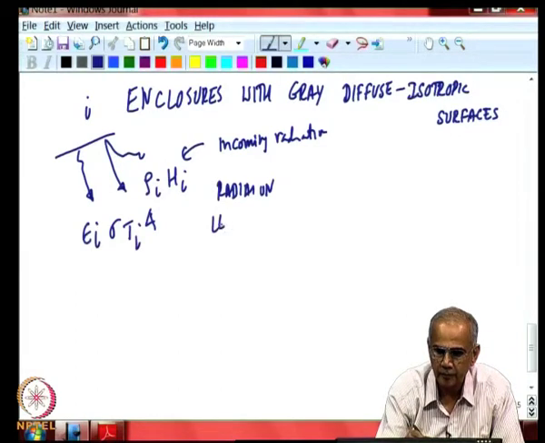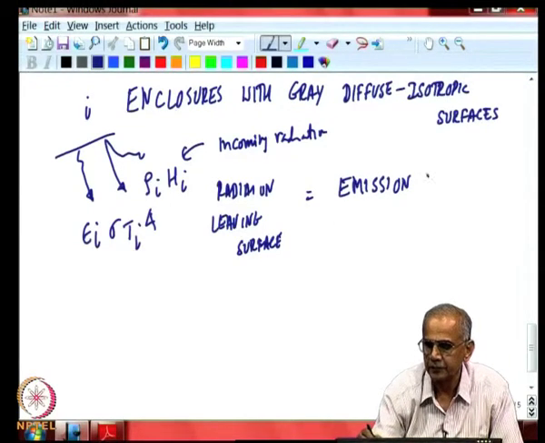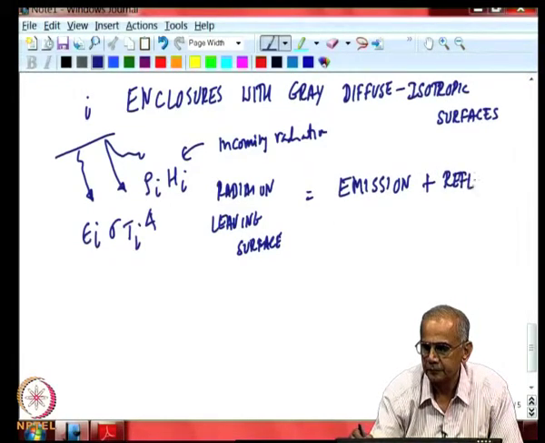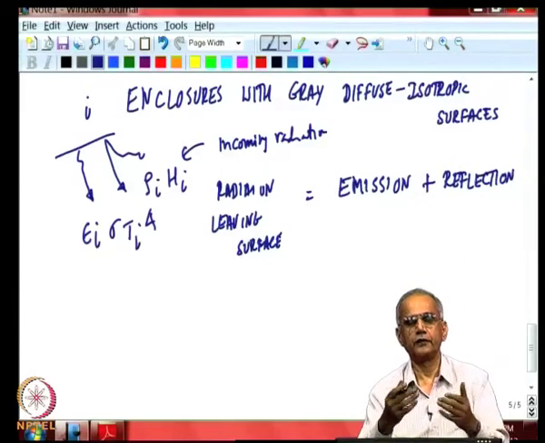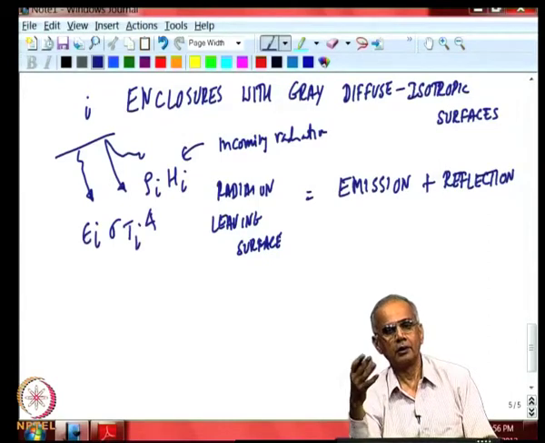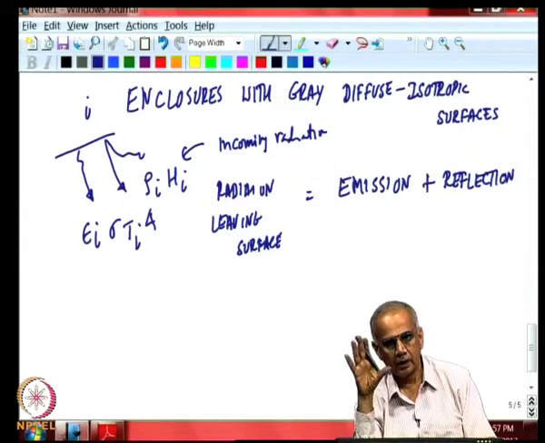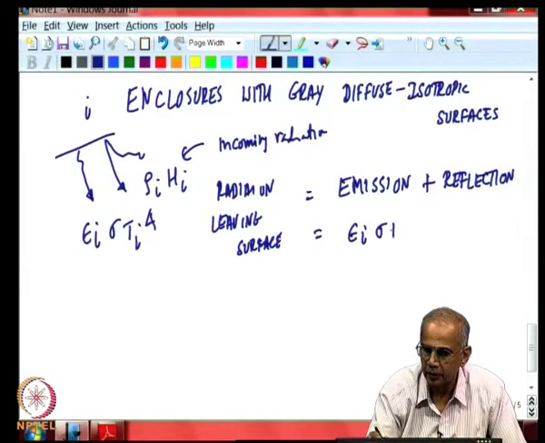Radiation leaving surface is equal to emission plus reflection. So, as you count the photons coming out of a surface, either they are photons emitted by the surface or they are photons which are reflected off the radiation that is incident on the surface. So, this is epsilon I sigma Ti to the power of 4 plus rho I Hi.